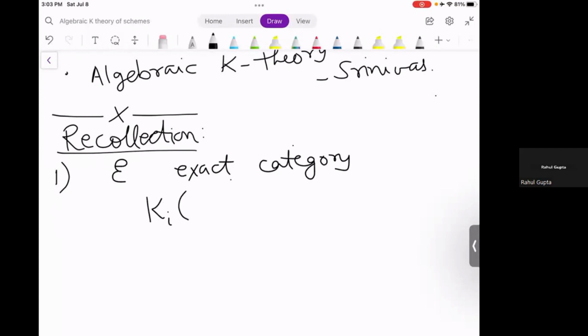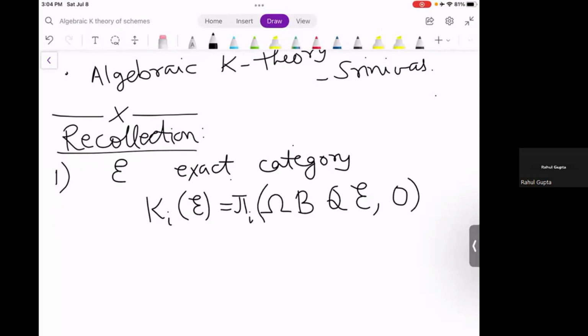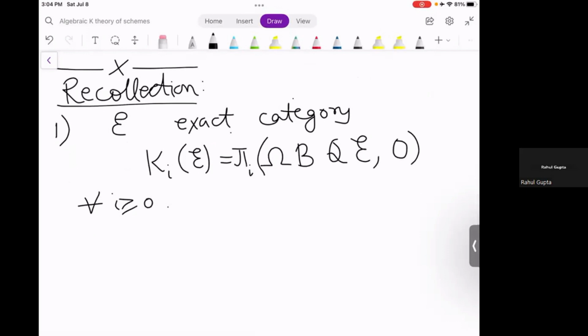Quillen K-theory of an exact category was defined as follows: we take the exact category, do the Q-construction, take the classifying space, take the loop space based at the zero object, the zero loop, and take the pi i's of this topological space. These are the K-groups of exact categories. This was done by Vivek, if I'm not wrong.